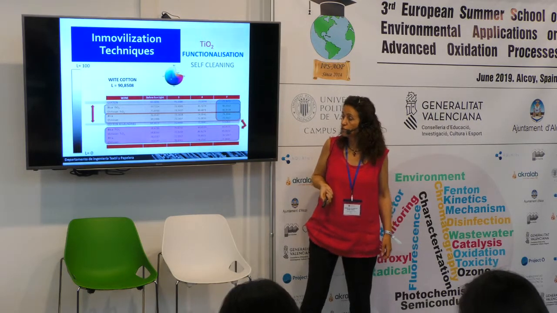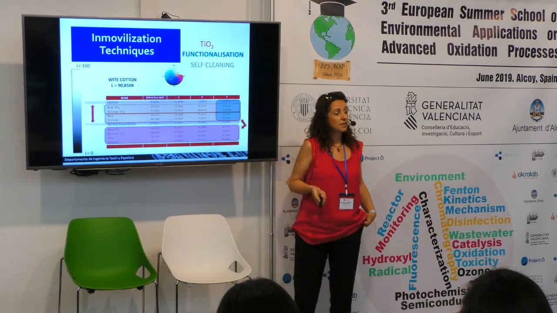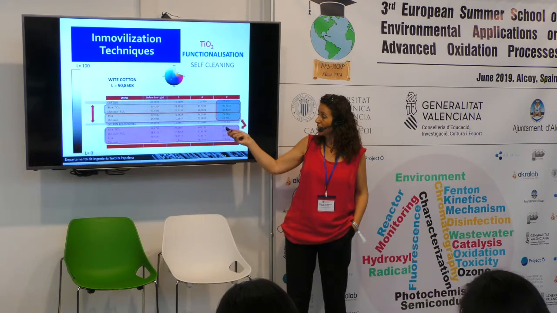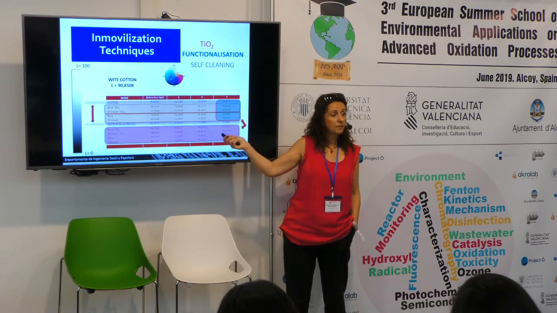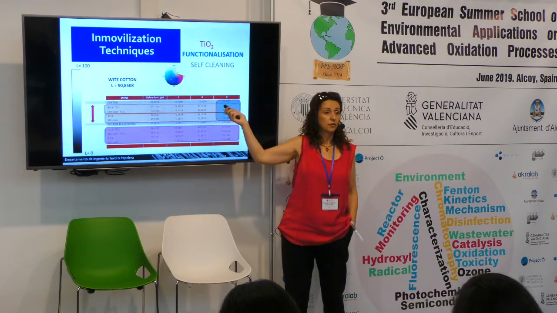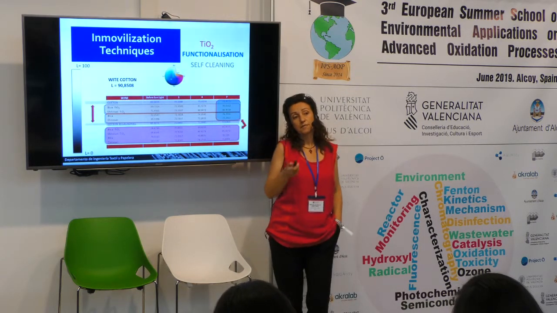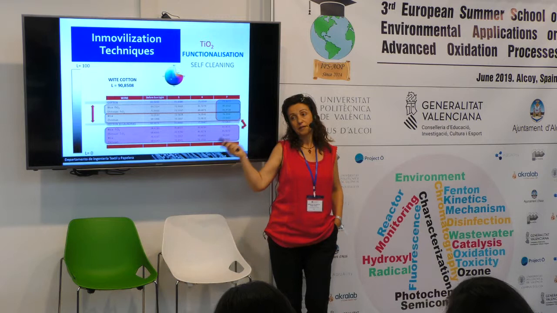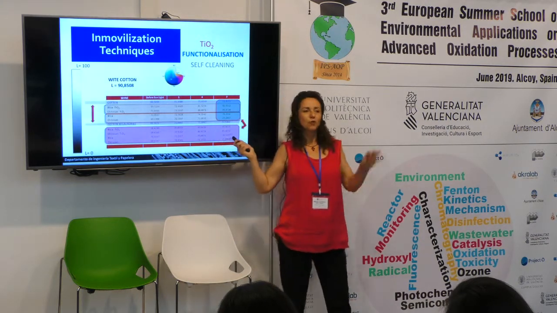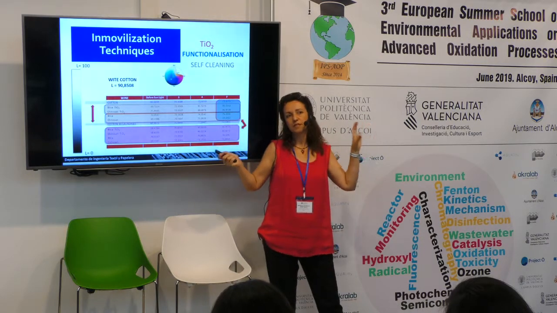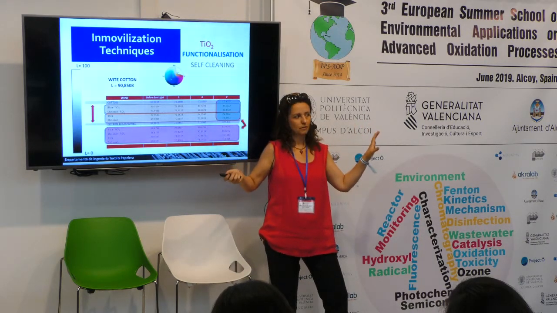You can see here that after 10 laundries, the values that I have after 7 days are basically the same. If you remember at the beginning, I said that after 10 laundries, we had missed more than 50% of the titanium dioxide.